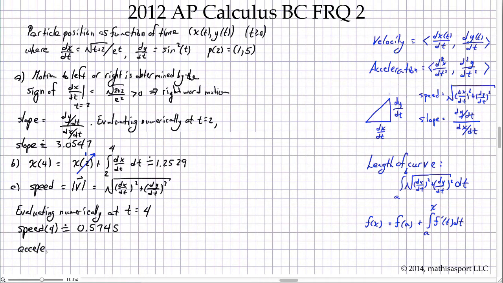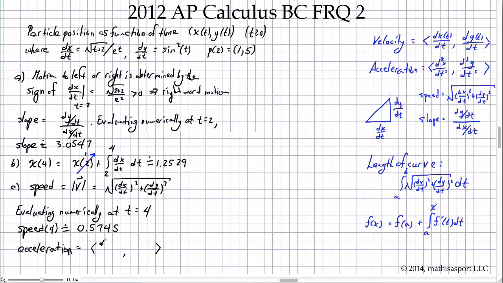Acceleration equals, I'm using these so-called angle brackets because that's how I think the AP exam readers are most comfortable with vector notation. You could use i hat and j hat notation as well, or x hat and y hat notation.